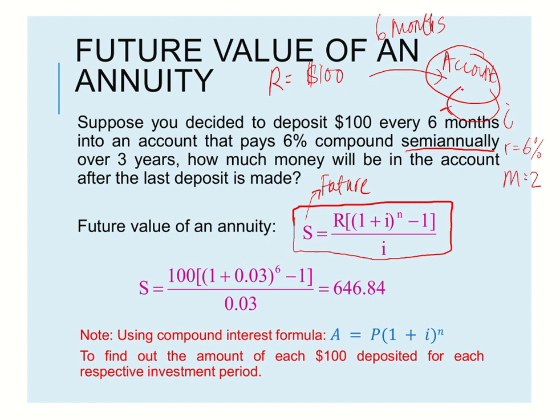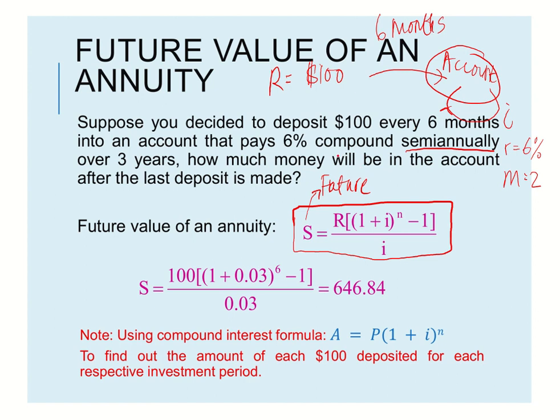And also, every 6 months, there will be the interest, 6% per year, made into this account. And this payment and the interest are compounded for 3 years. So we want to know after 3 years, how much money do we have in the account?